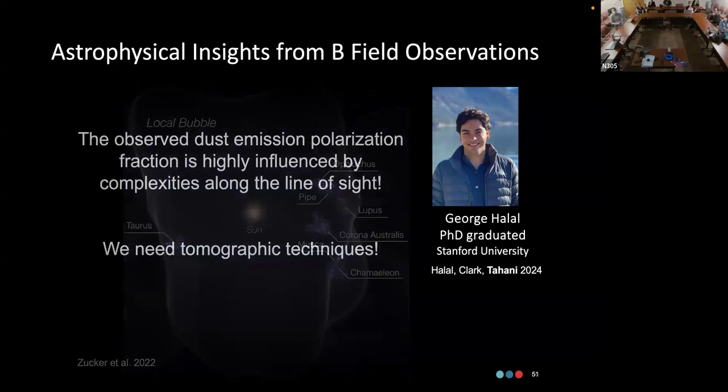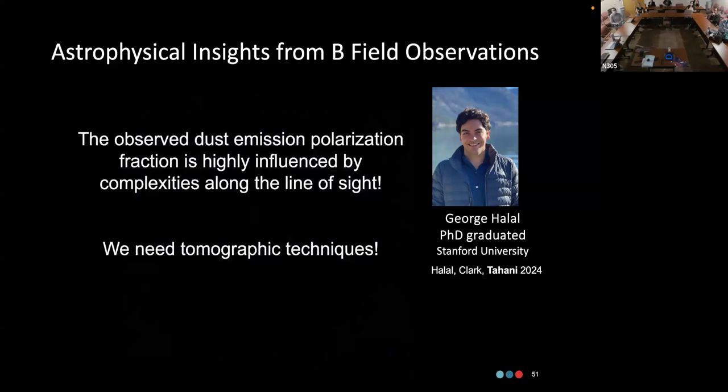And what we found was that the observed dust emission polarization fraction is highly influenced by complexities along the line of sight. So we do need these tomographic techniques.